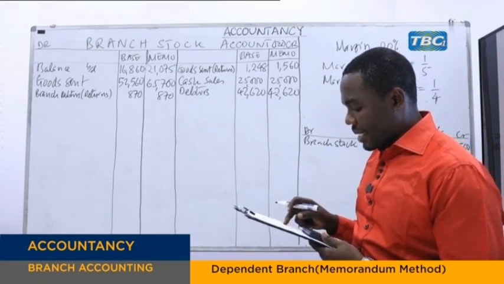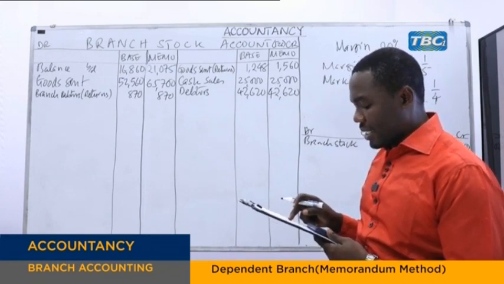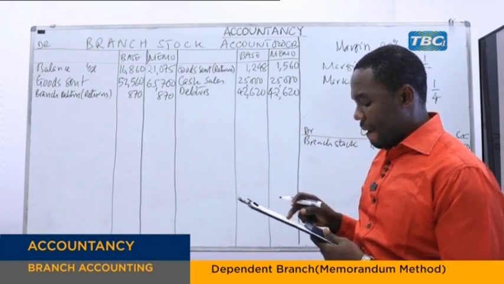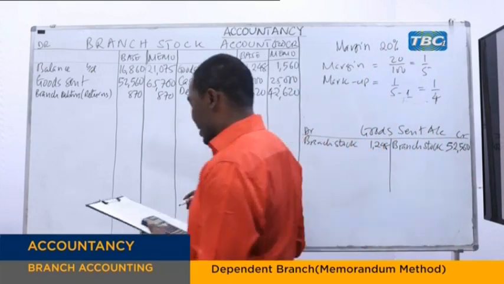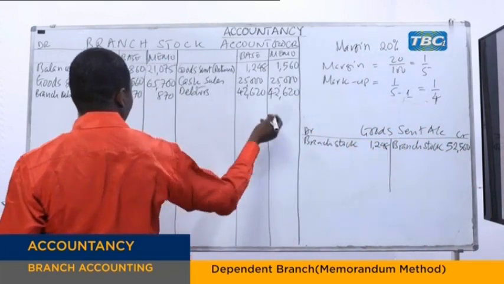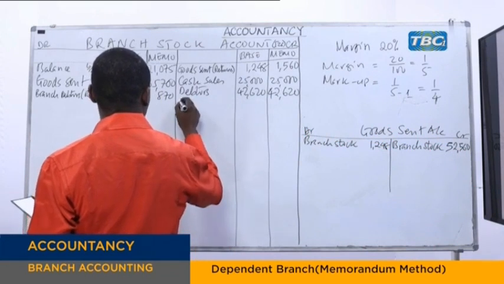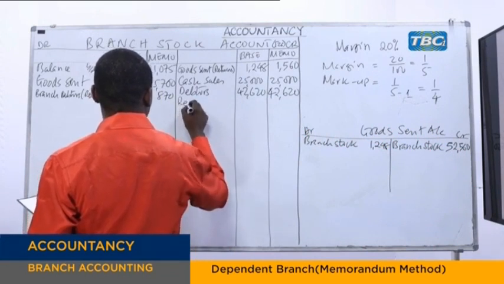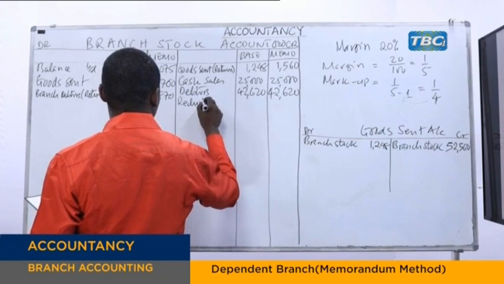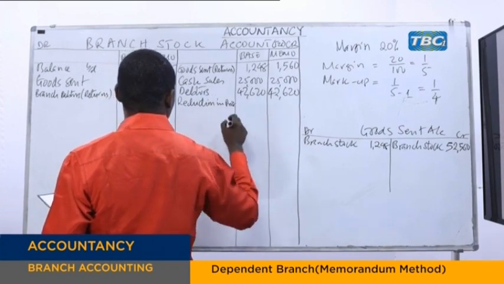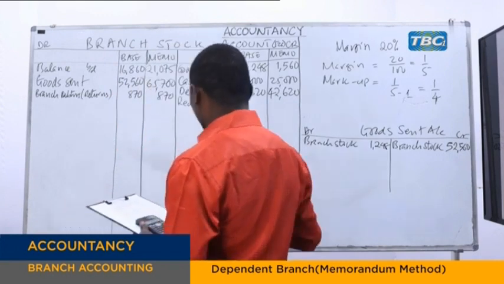The next item is reduction in price authorized by the head office. So this reduction in price authorized by the head office reduces the profit loaded. So we call it a reduction in price, or in other words, markdown.